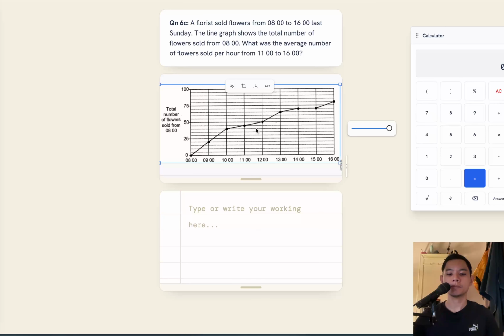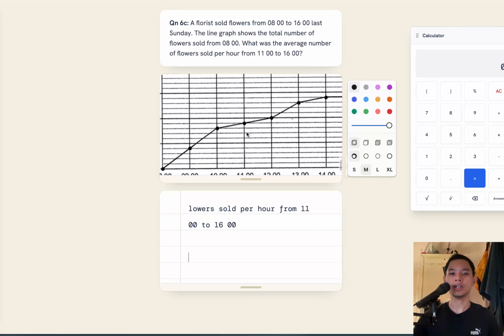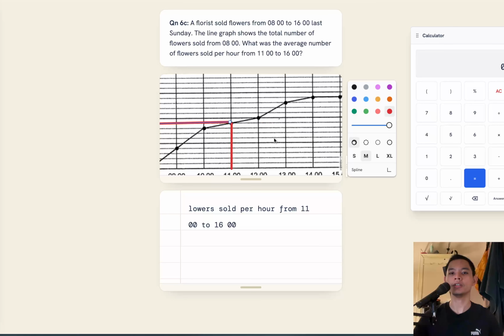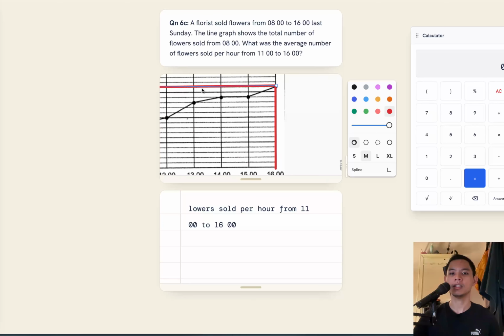Question 6 part C. What was the average number of flowers sold per hour from 1100 to 1600? At 1100 it is 45, and at 1600, from the earlier parts, it is 80.